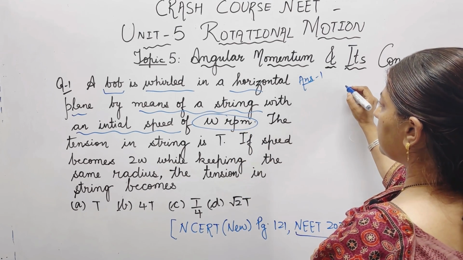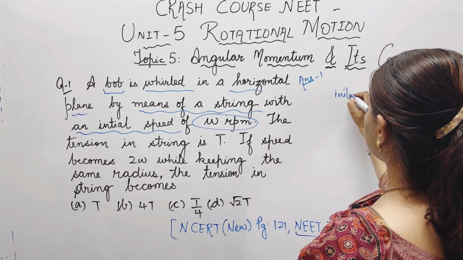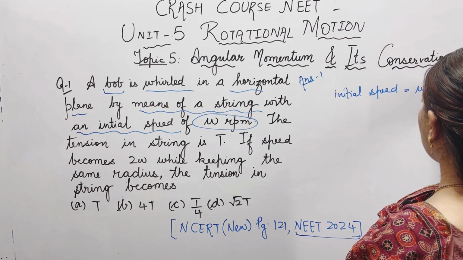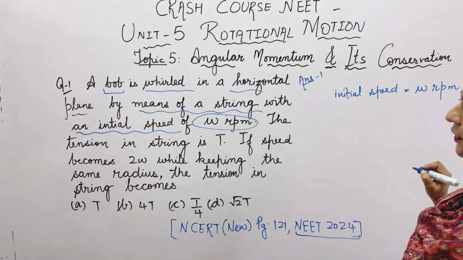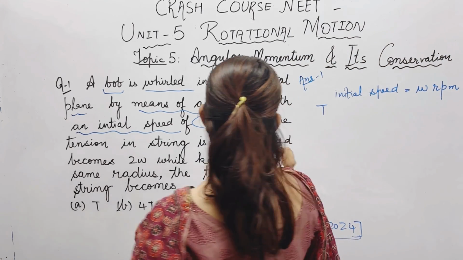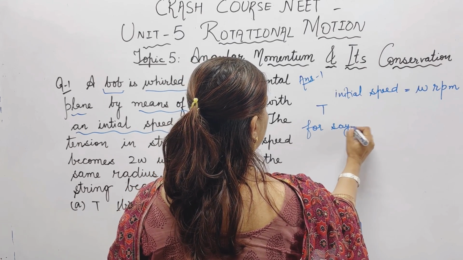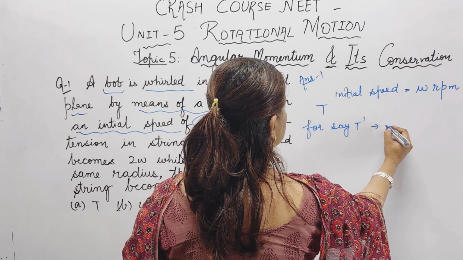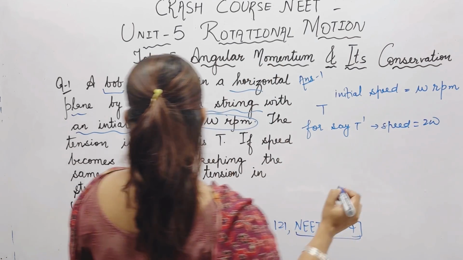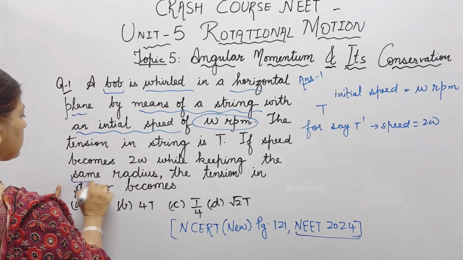So the initial speed is omega RPM, and the tension in the string is T. If speed becomes 2 omega, say the tension is T dash, the speed is 2 omega, and the radius is not going to change.